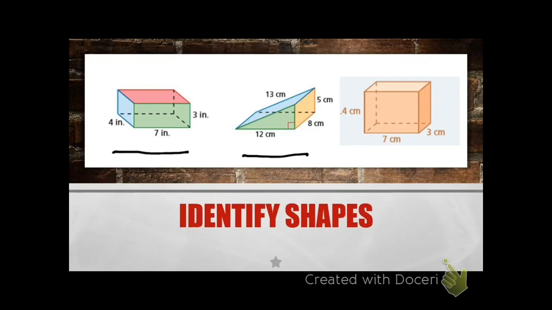Correct, it's a triangular prism. Here's my base. All right, my bases are triangles. Everything else are parallelograms, rectangles, whatever, but my bases are triangles, and I always identify my shape by the base. And then this very last one, what would we call this? A cube. Good, very good.